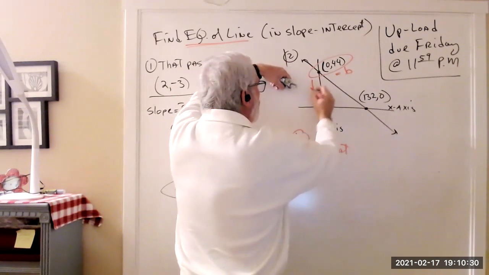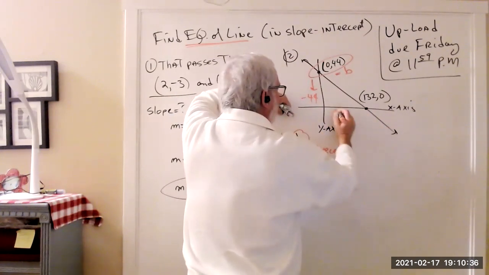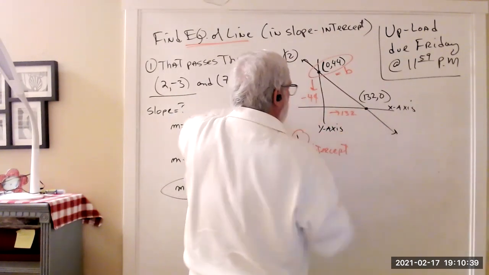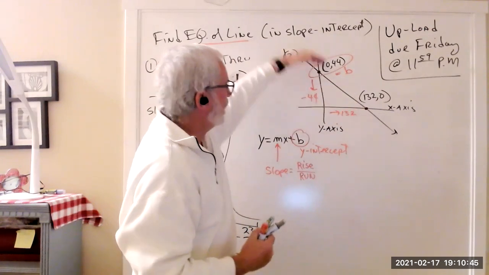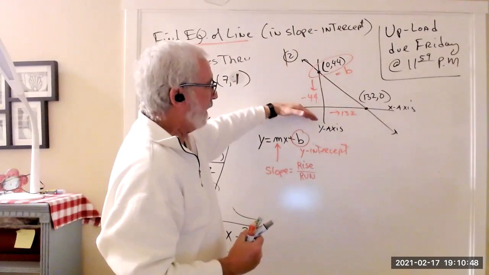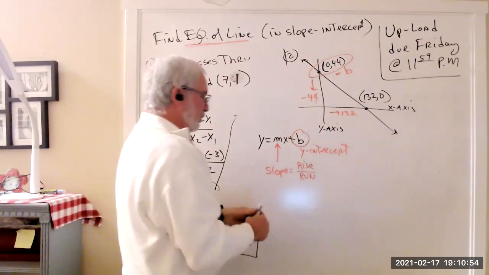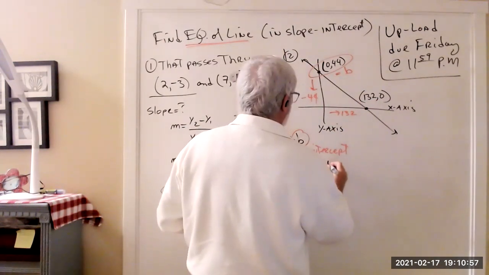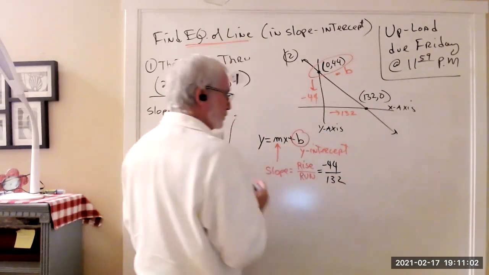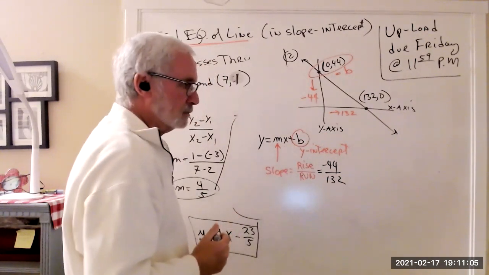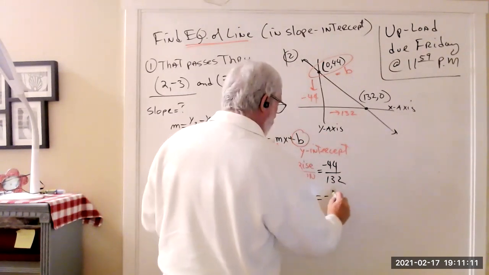Well, I go down 44, but I go sideways 132. Put that in the rise over run. The rise was negative 44. The run was 132. Now I think that reduces to negative 1/3.